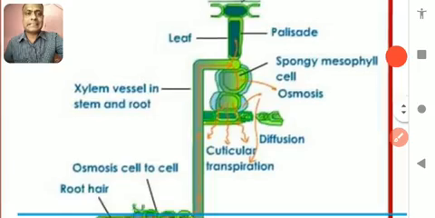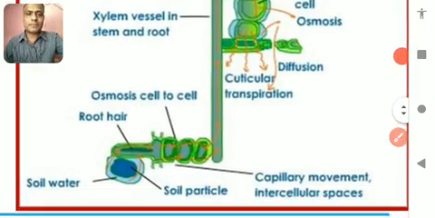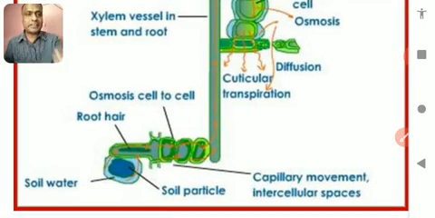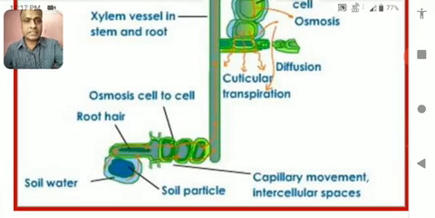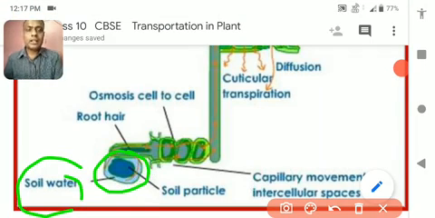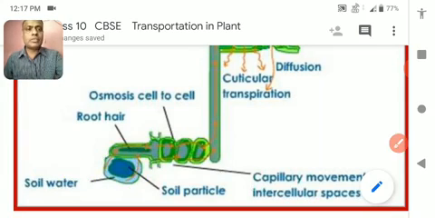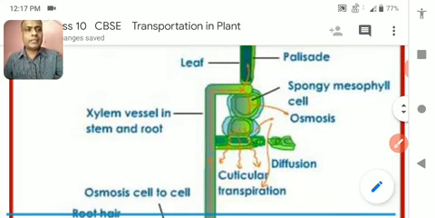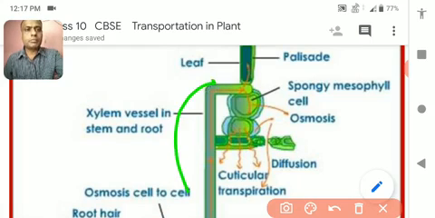First of all, see the process: how root pressure helps in the transport of water. See, this is the soil, and the soil has water on its outer surface. The root hair absorbs the water, and from cell to cell it goes to the xylem column, and from the xylem it moves to the leaves.